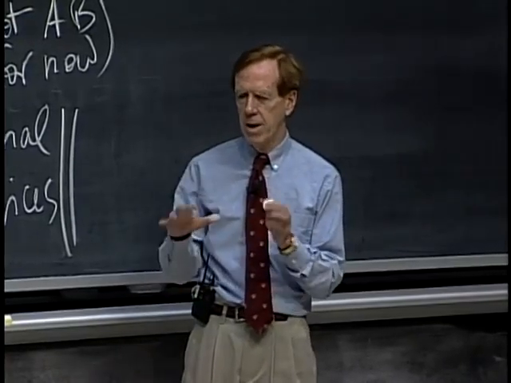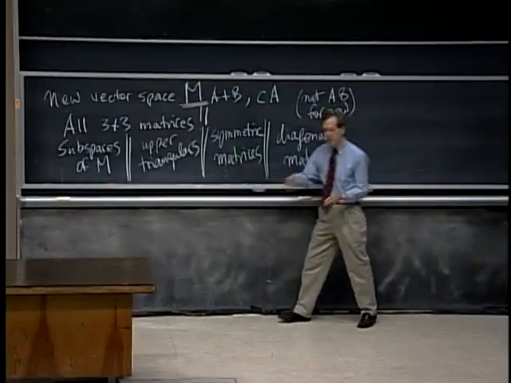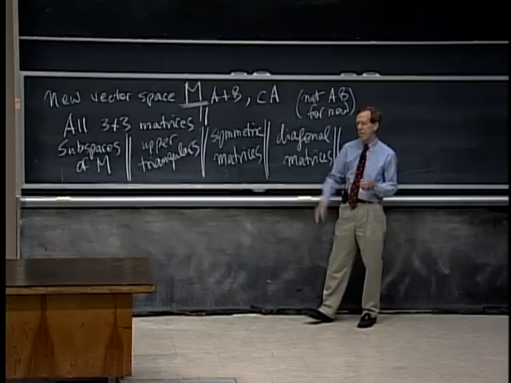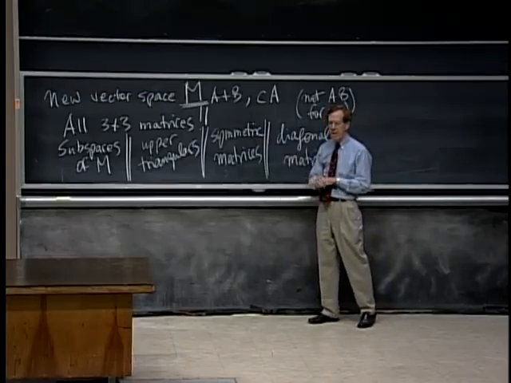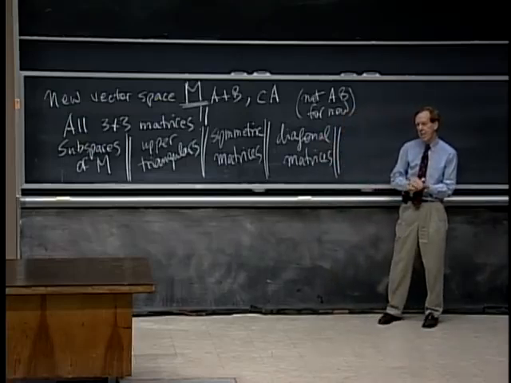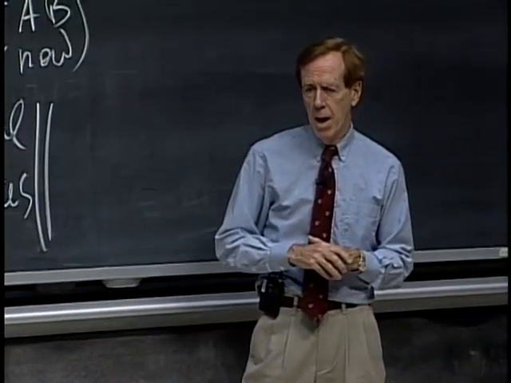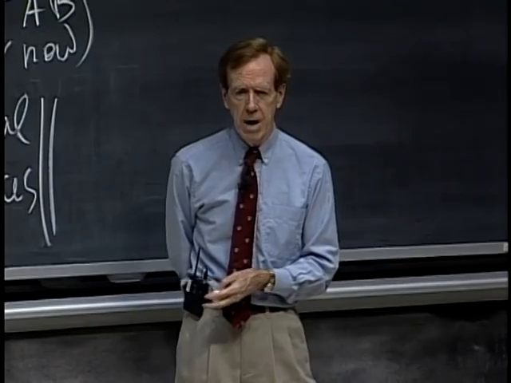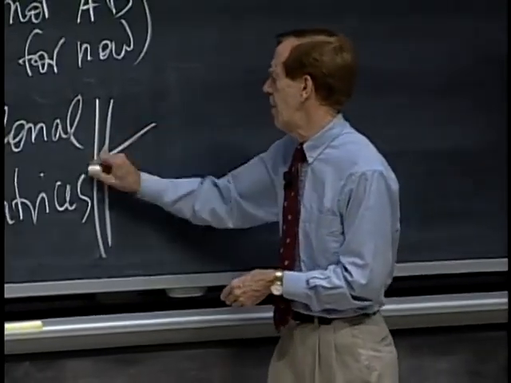So let's compute it next time: the dimension of the subspace of upper triangular 3 by 3 matrices, the dimension of symmetric 3 by 3 matrices, the dimension of diagonal 3 by 3 matrices. Well, to produce dimension, that means I'm supposed to produce a basis. And then I just count how many I needed in the basis. Let me give you the answer for this one.